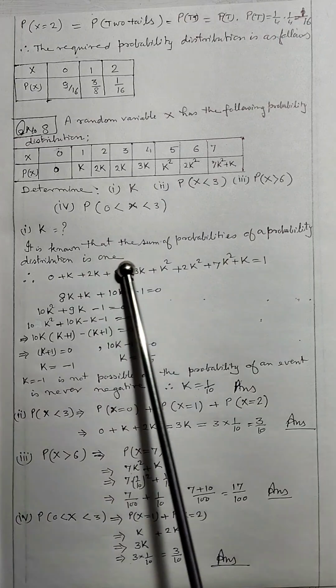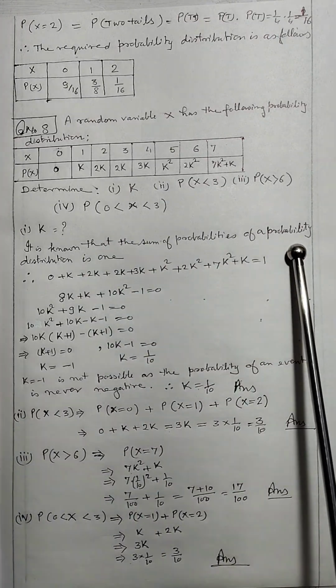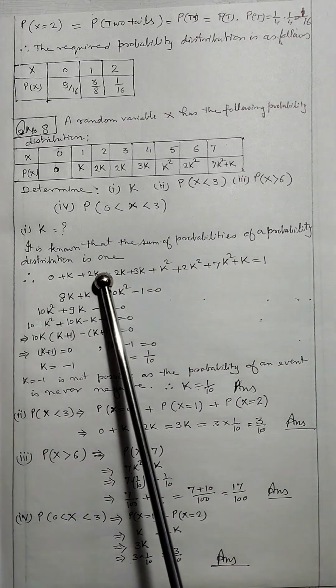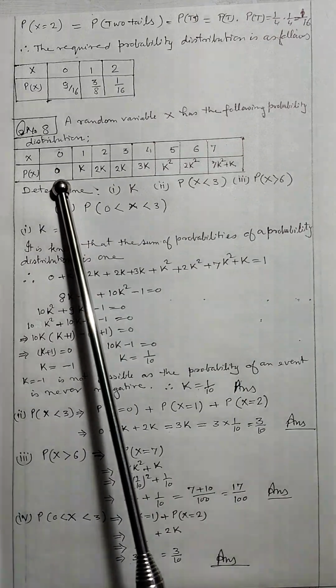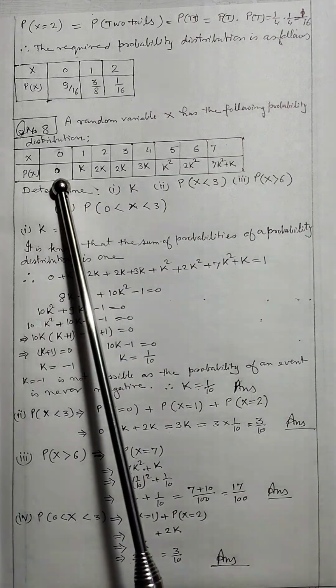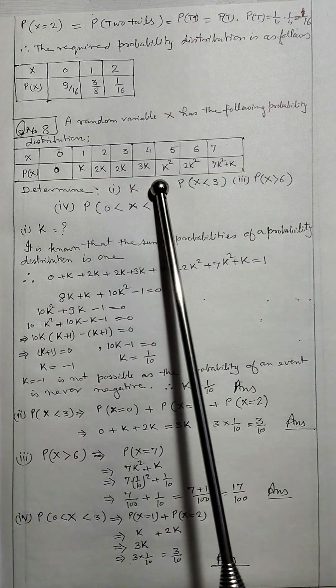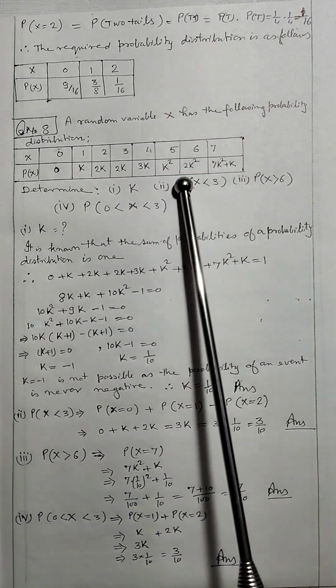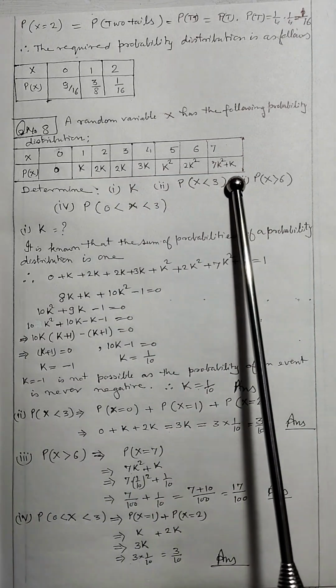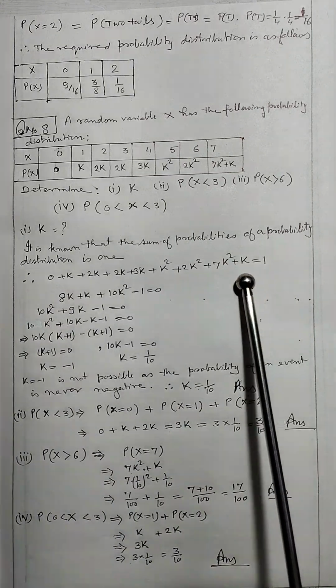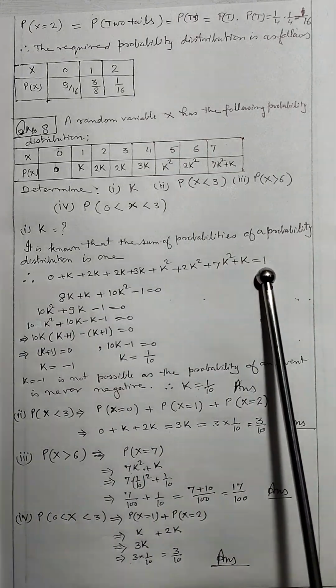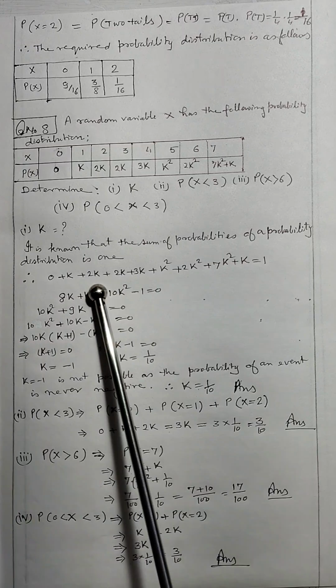It is known that the sum of the probabilities of the probability distribution is 1. So just add 0, k, 2k, 2k, 3k, k square, 2k square, and 7k square plus k on the left hand side, and it will be equal to 1.